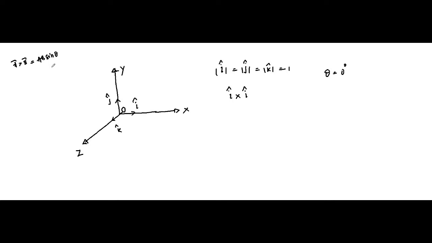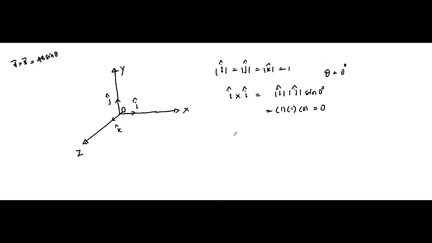So here it will be magnitude i cap, magnitude i cap, sine 0 degrees, which is equal to 1 into 1 into 0, which will be 0. So the cross product of unit vector i cap with itself is 0.